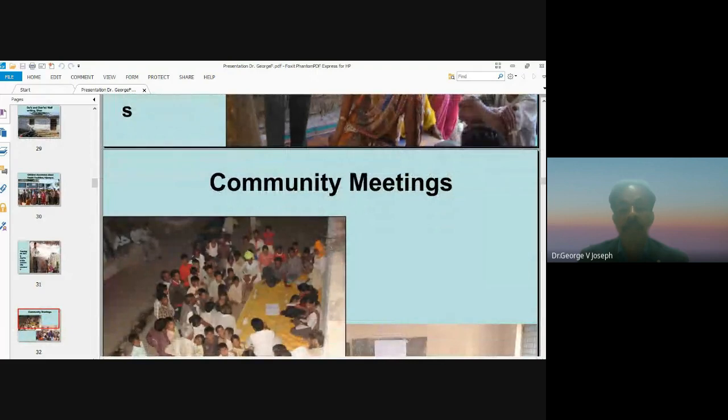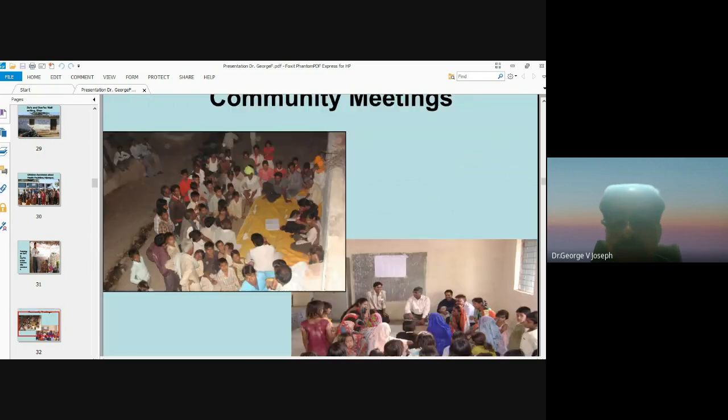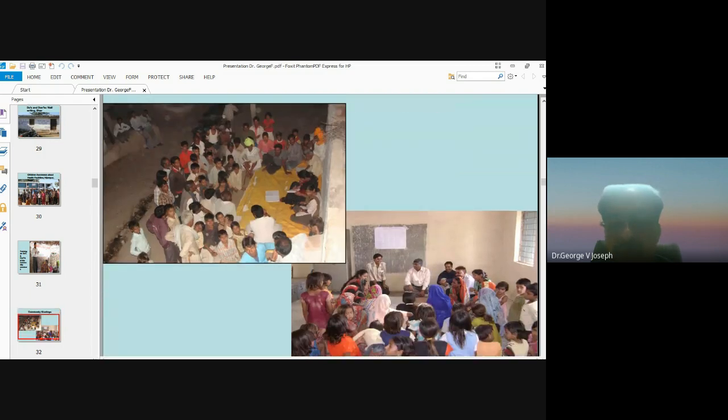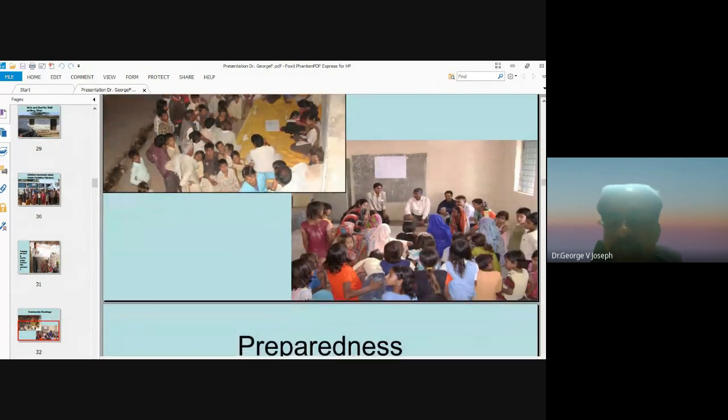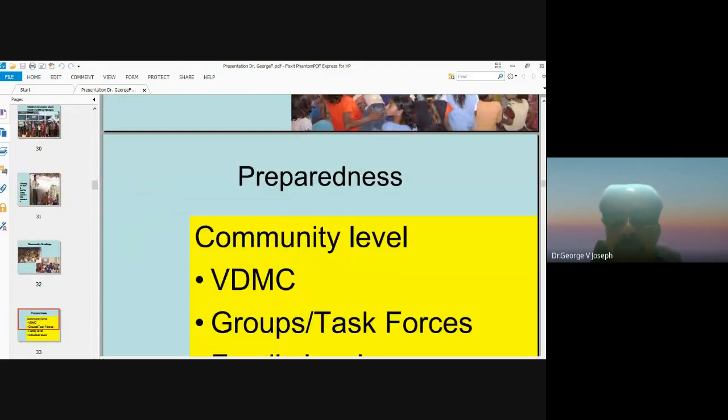And community meetings. You have local self-government programs and systems, so they can hold local community meetings and you can share the issues with them. We can also have community-level preparedness.